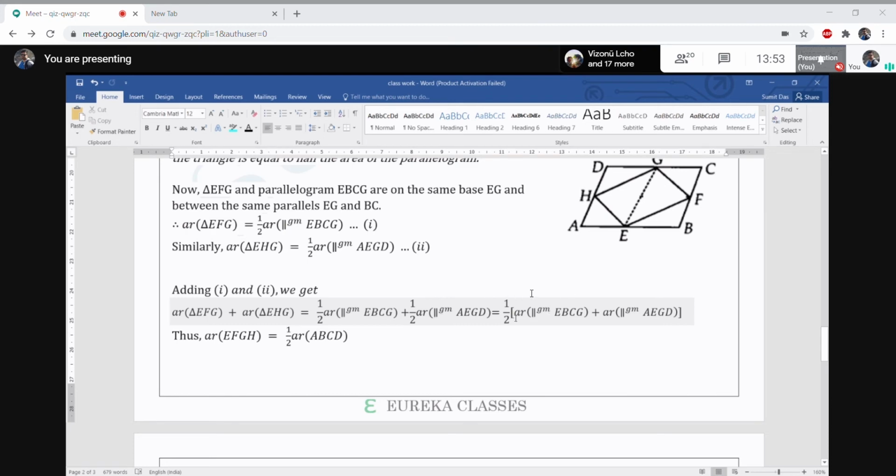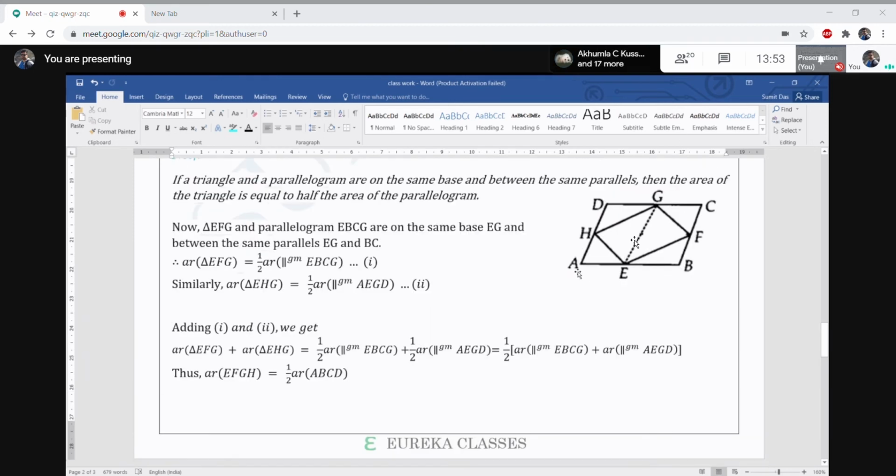So what we are getting: half of area of parallelogram EBCG and half of area of AEGD. So on the left hand side, what we will get: area of EFG and area of EHG triangle, total making area of EFGH quadrilateral.